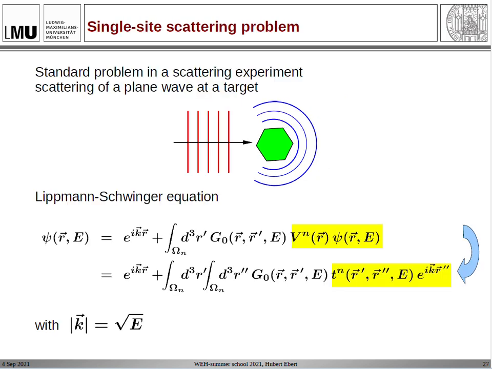Now this is exactly what is described by our Lippmann-Schwinger equation. So we have a plane wave coming in, and obviously this gives us now the complete solution that we look for, psi, due to the scattering at the potential V. All we need is a free electron Green's function. This we have, of course, already. And then we could try to solve that equation.